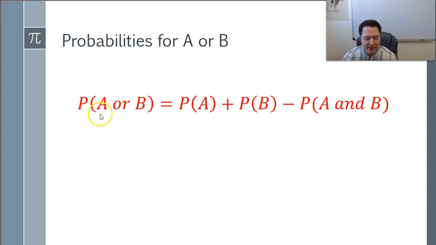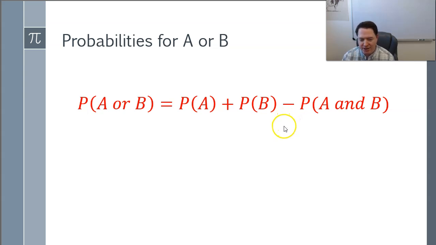So I'm looking for the probability that I get one event or the other. I should be thinking about adding. When we were doing "and" probabilities, we were multiplying, so there's kind of a common theme with that. What I multiplied was different, whether I had dependent or independent events. But here I want to be thinking about adding. And yes, there's some subtraction here.